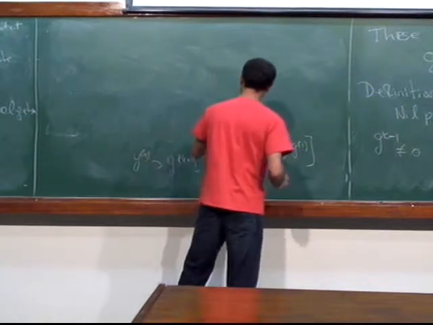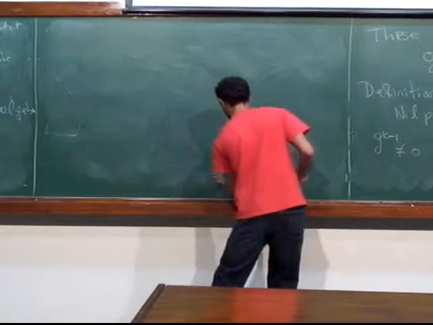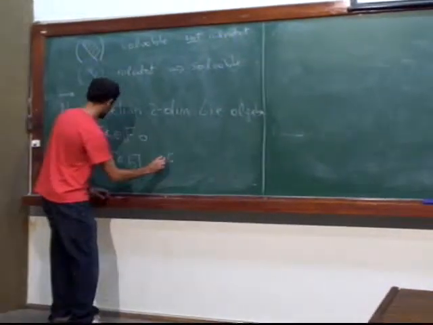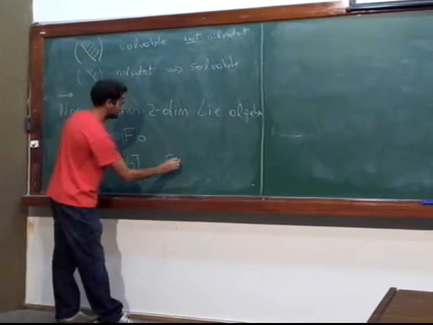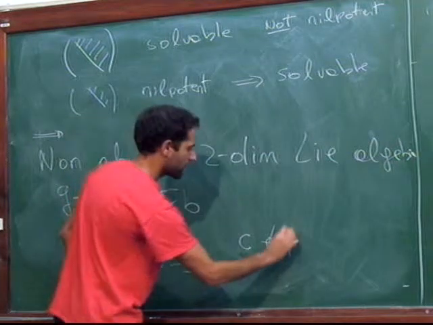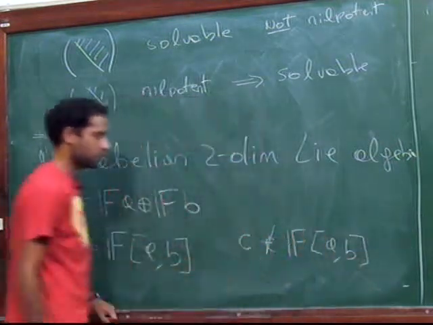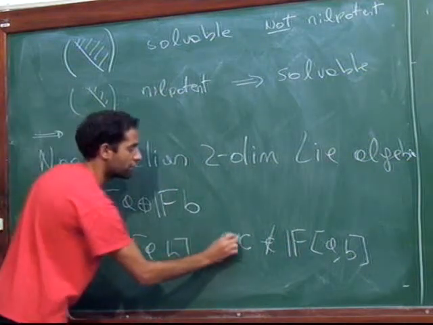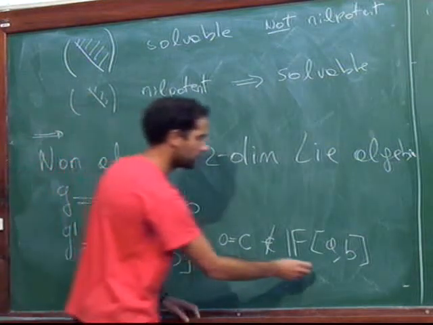So there better be some guy C that is not in span of AB. So let's take such C. There should be a non-zero guy here. Let's put a name to this guy. Let's call this guy D.